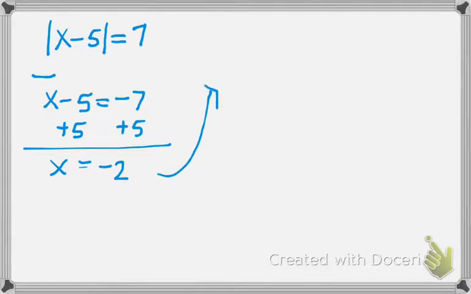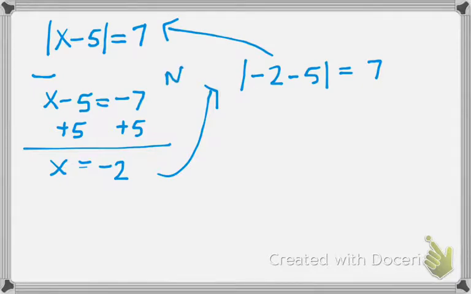Don't forget the check. You can do this mentally or on paper. The absolute value of negative 2 minus 5 equals 7. Notice here, when I checked it with my original equation, not the equation I broke it down to solve it, that's very important.